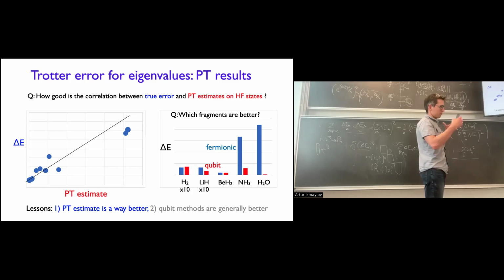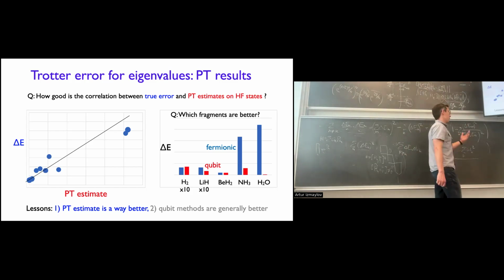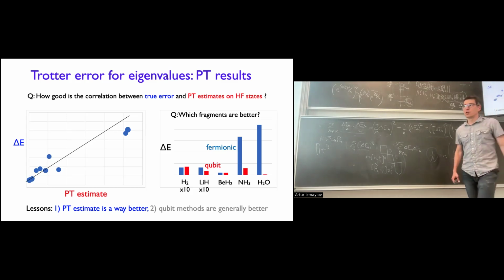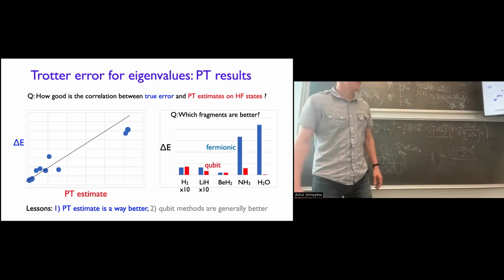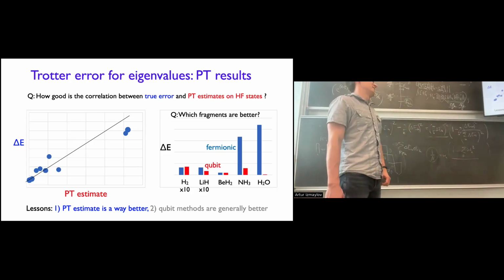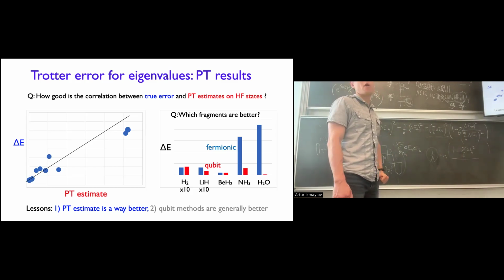Even though we don't have upper bounds, just estimates, it's better to use those rather than upper bounds. And so far, qubit methods are generally better. We don't have a really good explanation why, and that's something we are still trying to get some intuition about.